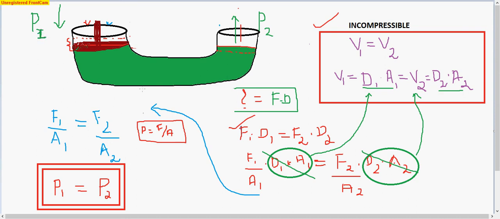So that is what we can infer from this equation. Therefore, if we apply a pressure over here, the same pressure will be applied over here, right? I hope you've understood what I've derived and what I've concluded from that.